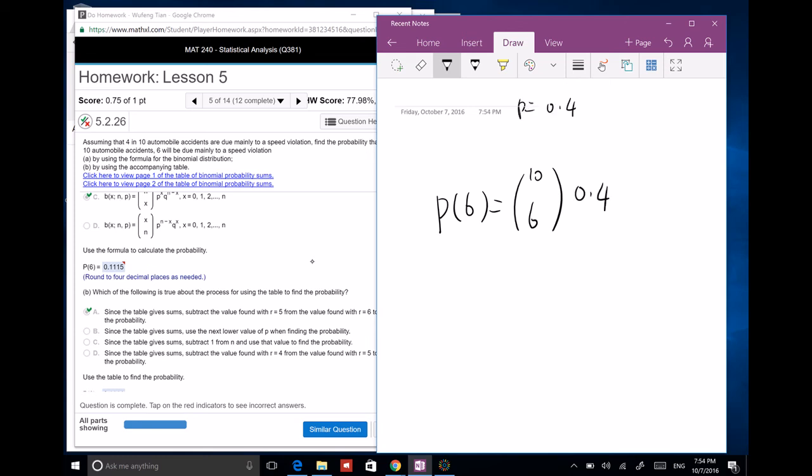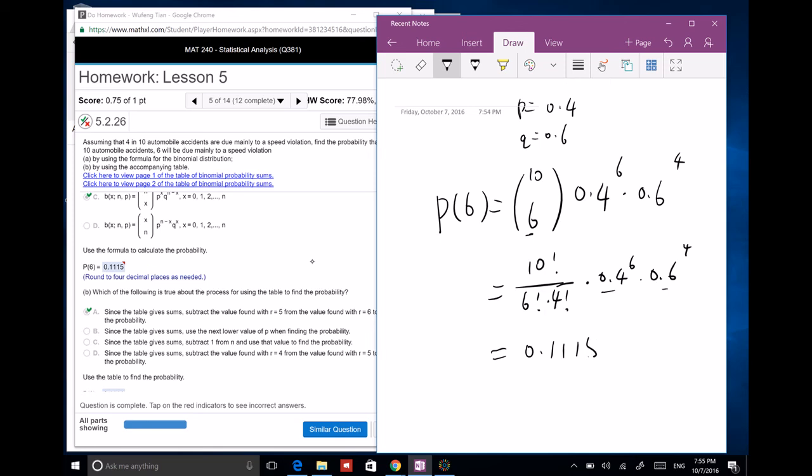P equals 0.4, Q equals 0.6. Power 6, and the rest is 0.6 to the power 10 minus 6, which is 4. So the probability is 10 factorial over 6 factorial times 4 factorial times 0.4 to the power 6 times 0.6 to the power 4. The powers add together to 10, and the two probabilities add together to 1. Together the answer is 0.01115.